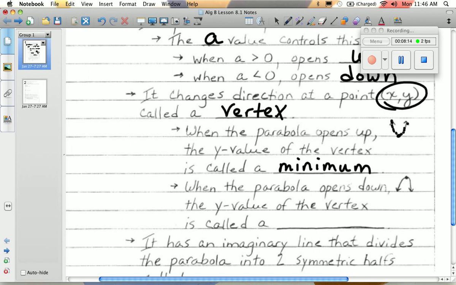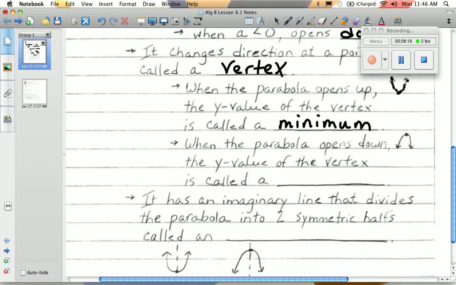Well, when the parabola opens down, I mean, when we have an upside down U, that y value of that vertex is now the highest one. It's the biggest y value of all the points on that parabola. So what are you supposed to call it now? Instead of a minimum, it's a maximum. So when they ask you for the minimum or the maximum of the function, they're really asking you for the y value of the vertex.